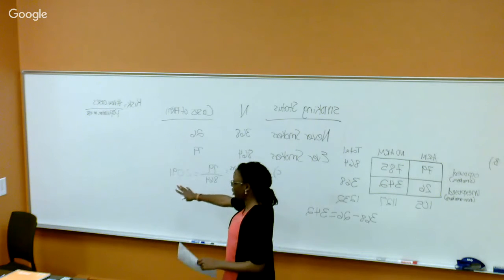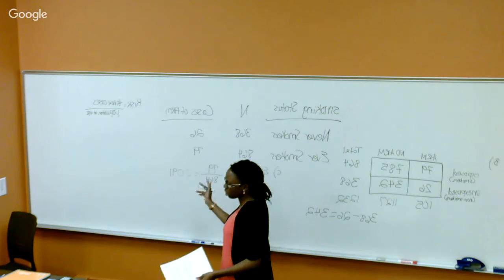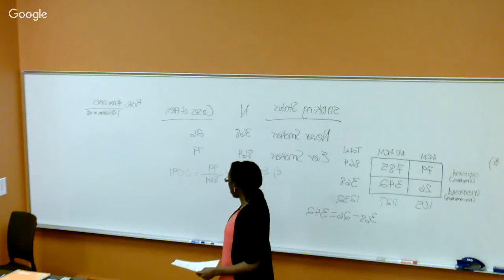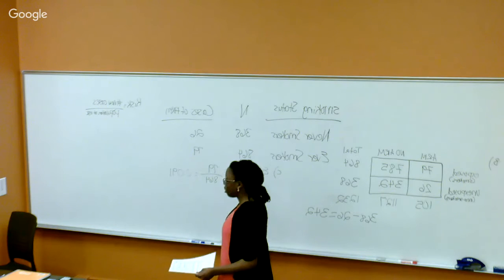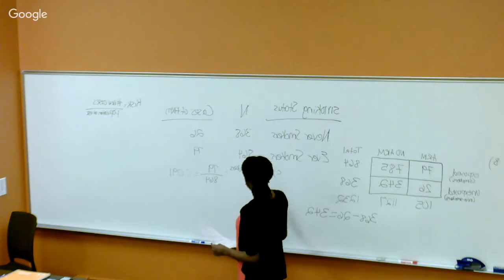You don't have to do anything else to it because it's just asking you for the risk. And risk is a probability, so you just write it as a decimal here. All right. So now we also want to do the never smokers.